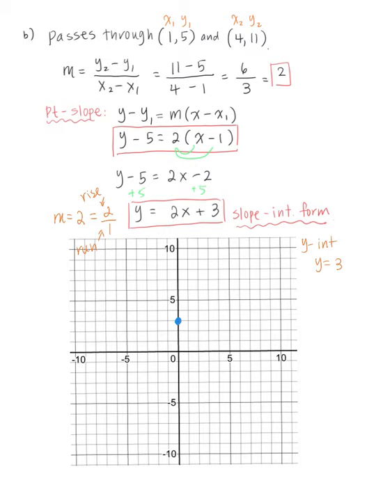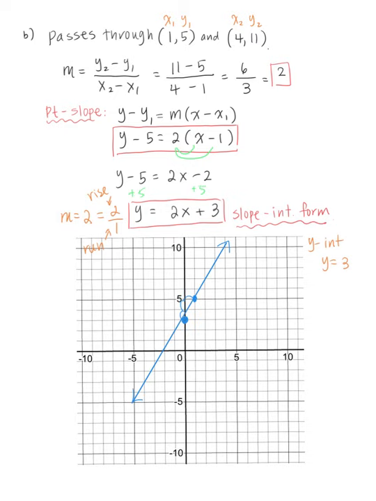You're going to rise 2 units, 1, 2, and don't lift your pencil up, and then you have to run 1 unit. Now after you do the rise over run, make yourself a dot, and those are the 2 points the line passes through. So here is the graph of y equals 2x plus 3, and this is the same thing as y minus 5 equals 2 times x minus 1. Exactly the same.